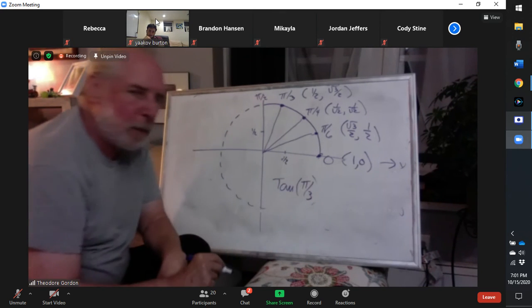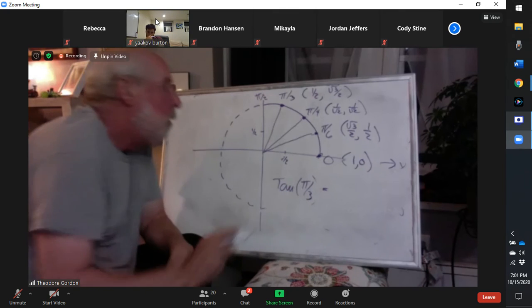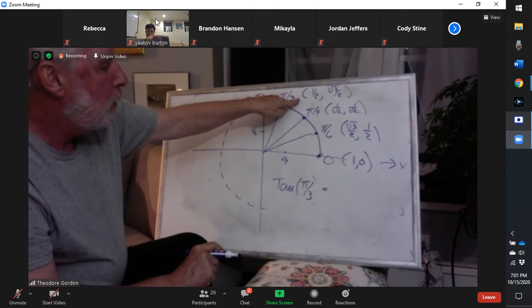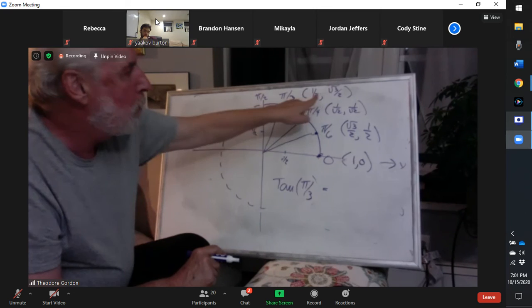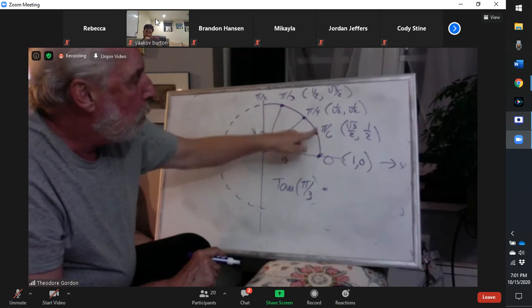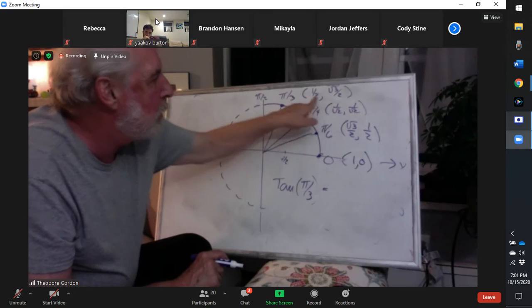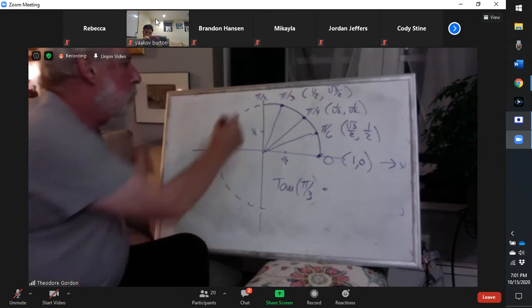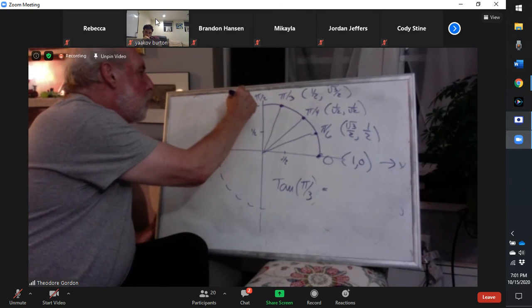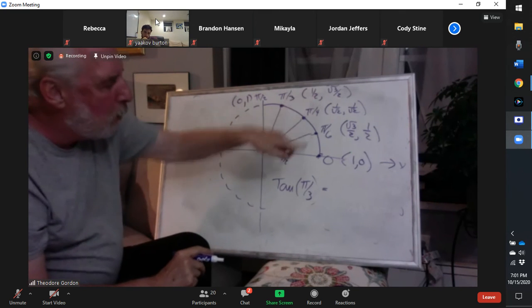That was in the problem. So we go to pi over 3, and tangent is y over x. For all these angles, this is cosine, sine, cosine, sine, cosine, sine, cosine, sine. So the x is the cosine, the y is the sine.